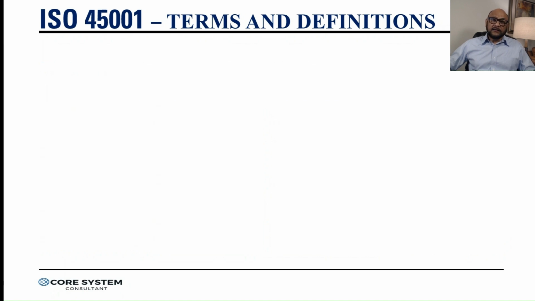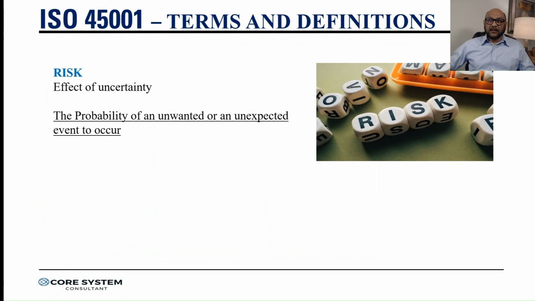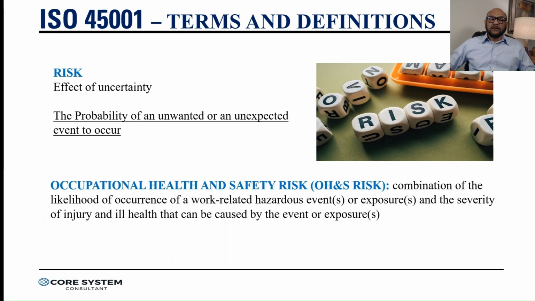The other key term that you need to focus upon is called risk. It's simply explained as the probability of an unwanted or unexpected event to occur. Here, we are going to specifically discuss the risk related to health and safety.